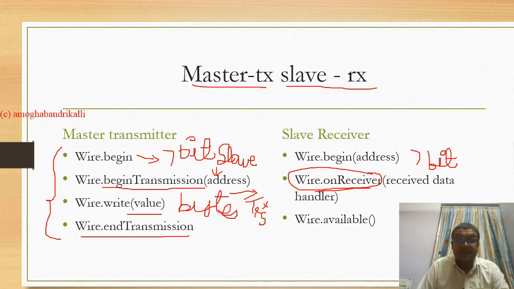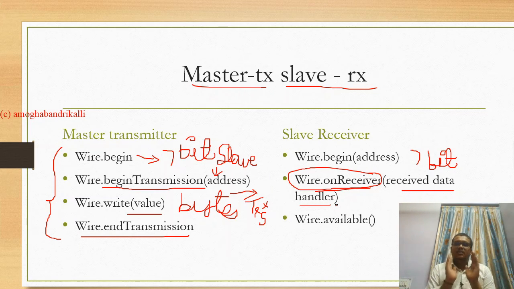So whenever the slave receives data from the master, this handler is going to be called. This is the same as an interrupt, but it works with a proper protocol. So whenever the address is found, it will start receiving, and whenever it has received, it is going to call this function.